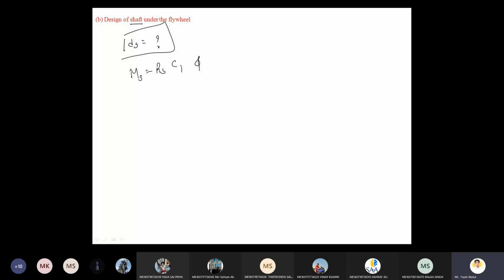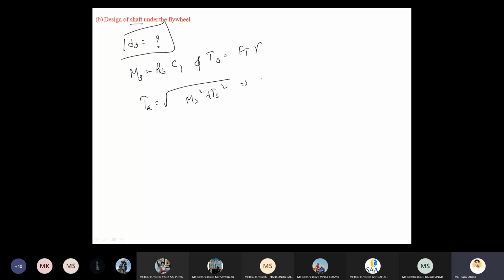Twisting moment on the shaft due to the power transmission, that is TS equals FT into R. And the equivalent twisting moment how much? Square root of MS square plus TS square.